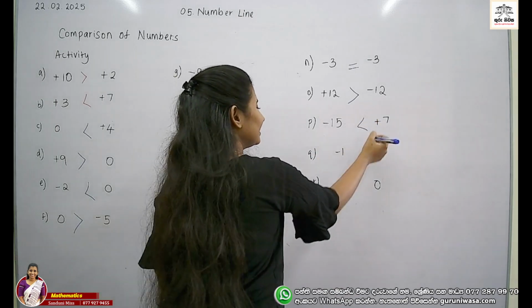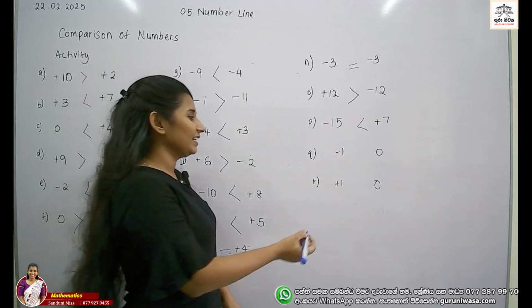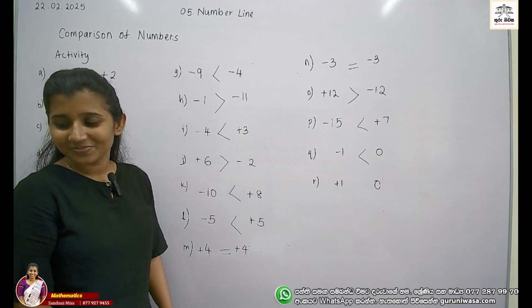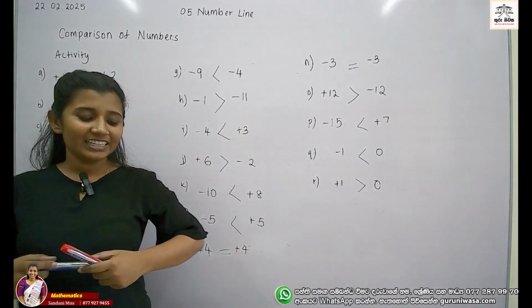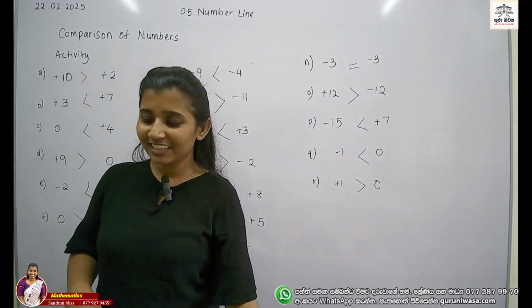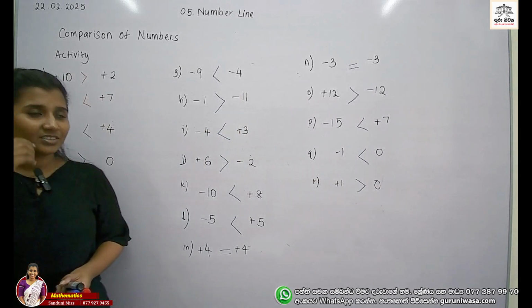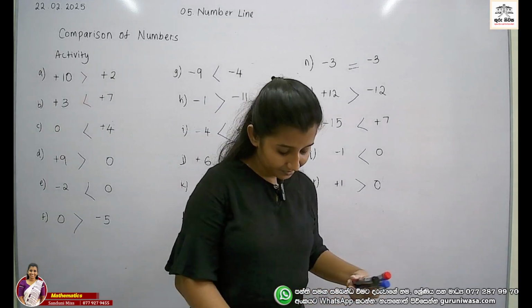Good. Negative 1, 0. 0. Positive 1, 0. Positive 1. Very good. Only one is wrong, right? All the others are correct. Mark your answers. Put a tick to the answers which are correct.